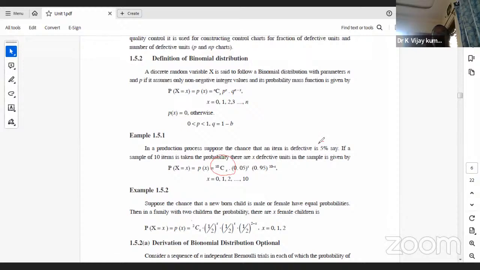What is the defective percentage? 5%, we can write 0.05 power x. 1 minus 0.05, since p plus q is equal to 1, so q is 0.95, and 10 minus x. There is no x given, so we write only the formula: P of X is equal to 10Cx into 0.05 power x into 0.95 power 10 minus x. The formula is nCx into p power x into q power n minus x. In the formula I have substituted the values.